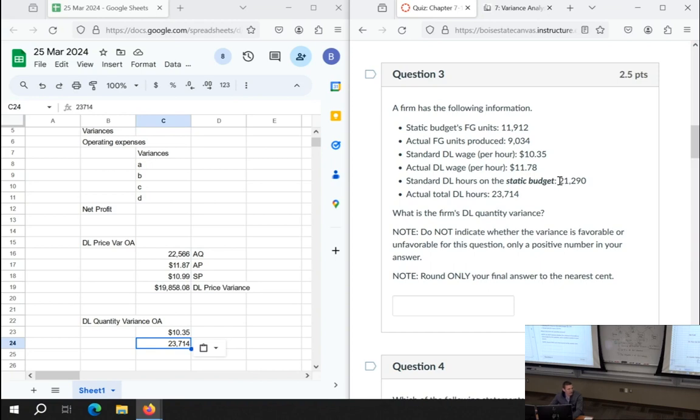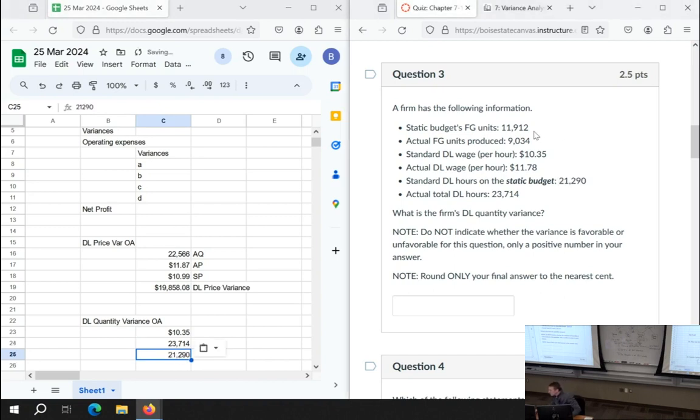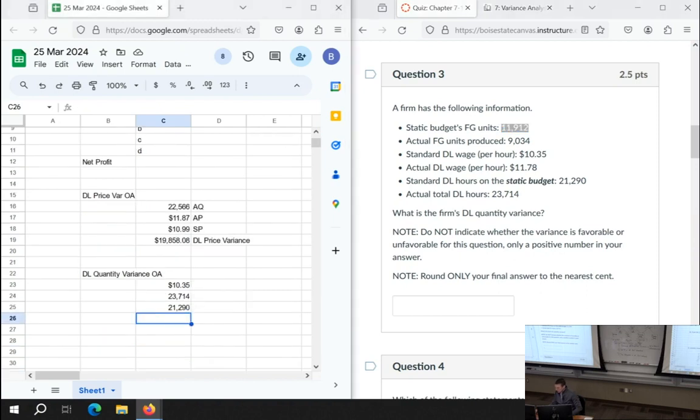So where's our standard quantity at flexible budget? Which number do we copy over? Or do we have to do some math? We have to do some math, don't we? Okay. So if this is the amount on the static budget, and this is our static budget's finished goods units.